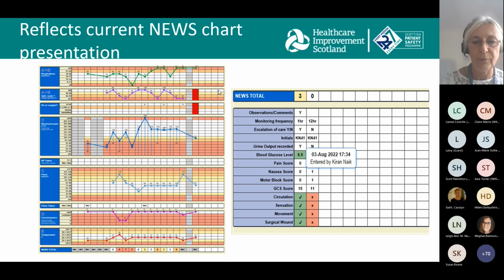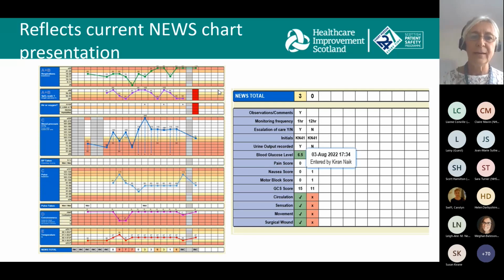So this chart completely reflects the News 2 chart endorsed by the Royal College of Physicians, along with the extra fields that we had created within NHS Lothian for entering data around urine output, blood glucose levels, circulation sensation, motor movement, and surgical drains.